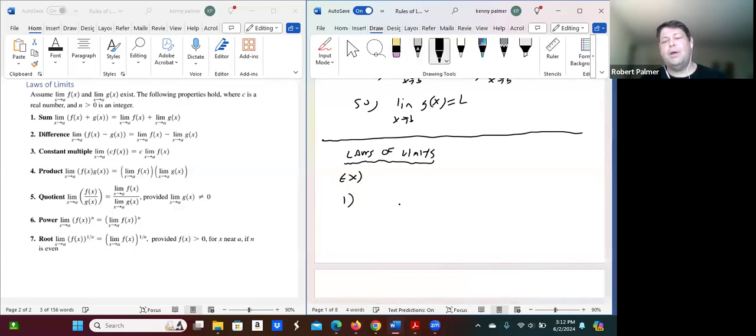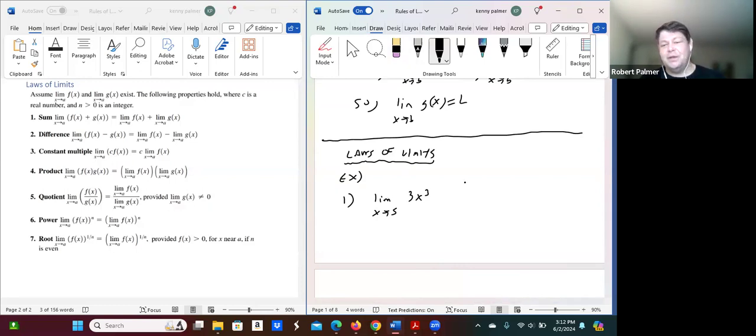Okay, so number one, let's say I want to do the limit as x goes to 5 of 3 times x cubed. All right, well, one thing we learned is we can actually use this property here. I have a constant of 3 in front of x cubed.